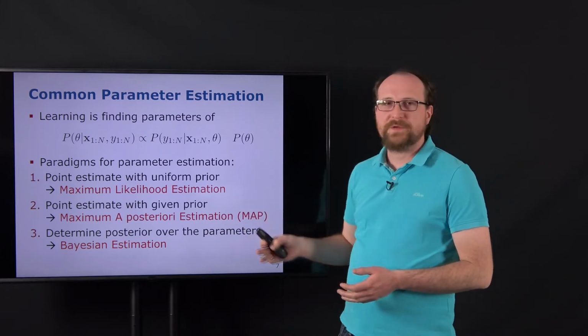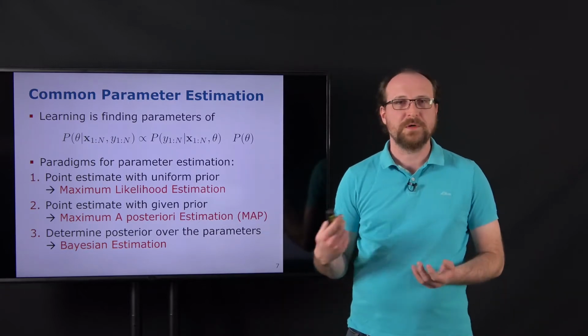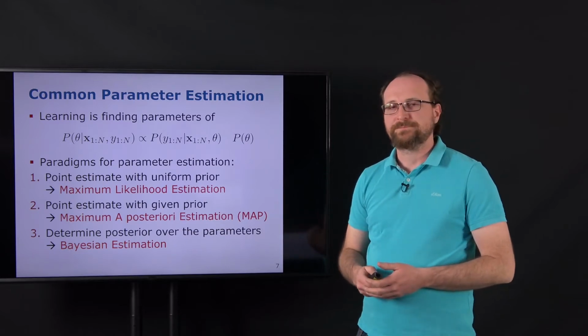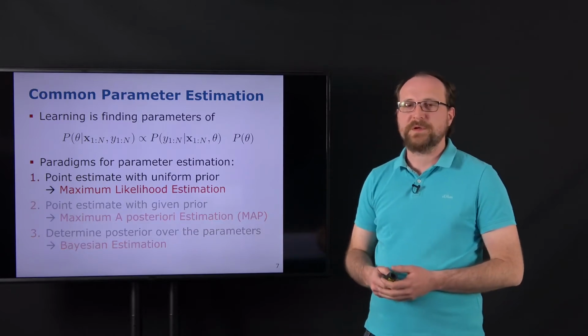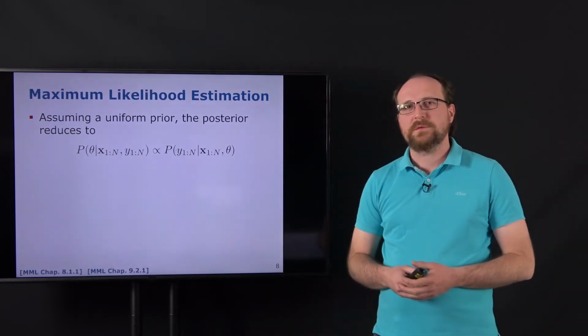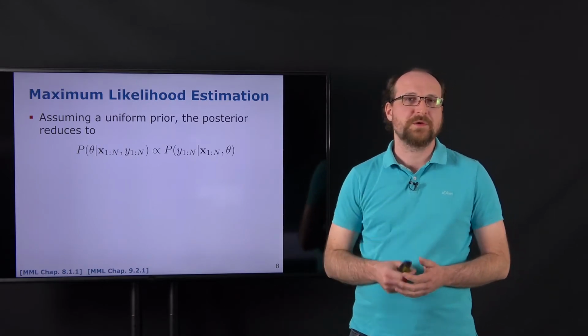Each one has different advantages and disadvantages, and we will see later what the benefits of having a certain view on the problem are. But let's now start with the maximum likelihood estimation. As I said, in the maximum likelihood estimation, we are interested in a specific parameter.